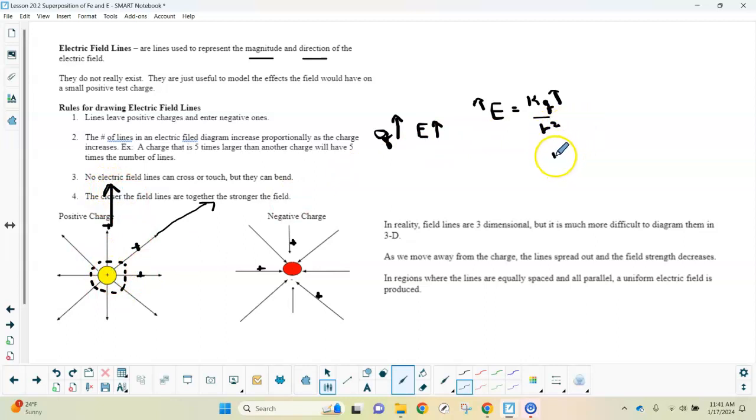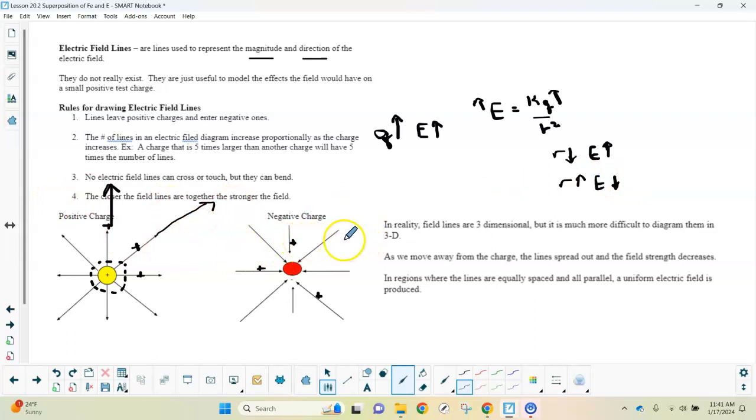So as r decreases, E is going to get bigger, and they're inversely proportional concepts. So if you get further away, if r gets bigger, the electric field lines spread out and radiate away from each other, so the electric field gets smaller. So that's another way that we show that in these drawings.